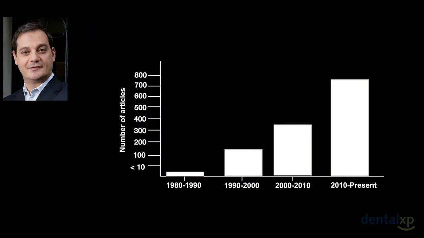Before we get to that, I asked my residents to do a PubMed search to see how many articles have been published in that regard. If you see on that graph that they gathered together, we have had an exponential increase in the number of publications on that subject from the late 80s till the present.